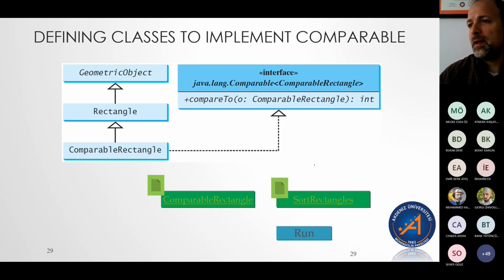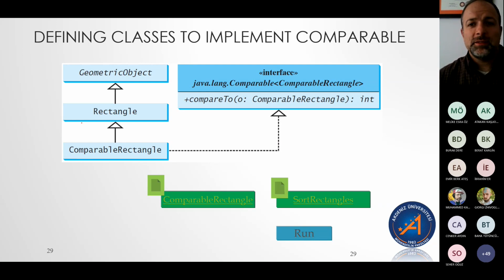Okay. All right. So here we have a geometric object, an abstract class. We have a rectangle, just a regular rectangle like we've done before, right? And we can have a child of the rectangle that is a comparable rectangle. Rectangle, as we implemented it before, was not comparable.